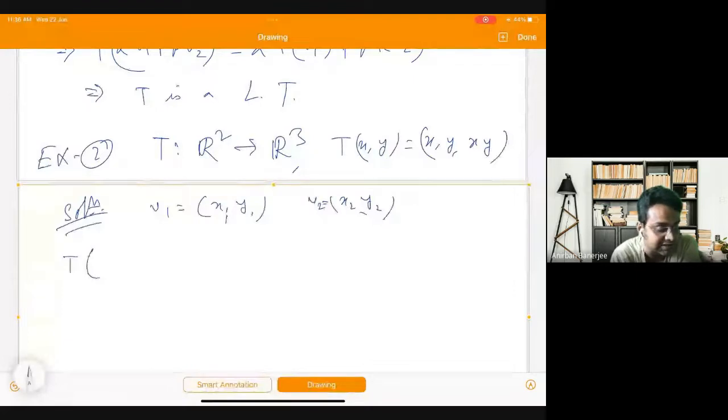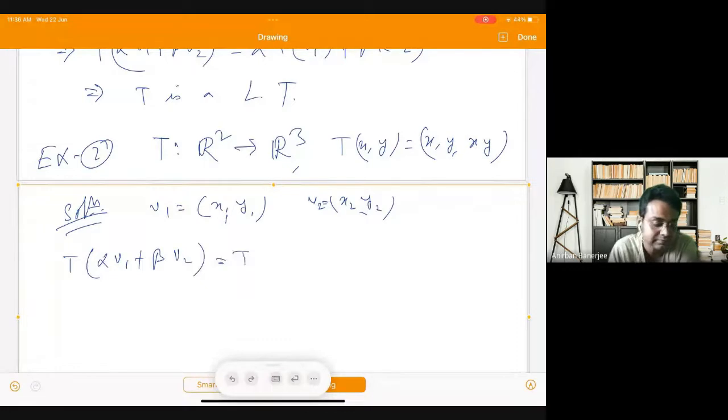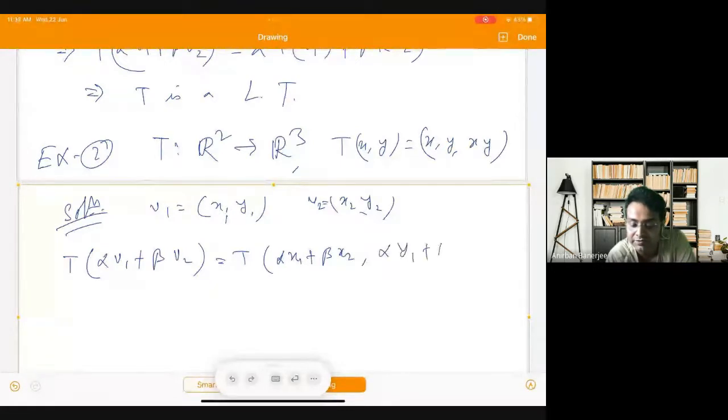We have to proceed in the same way. T of alpha v1 plus beta v2, sorry, is T of alpha x1 plus beta x2 comma alpha y1 plus beta y2.